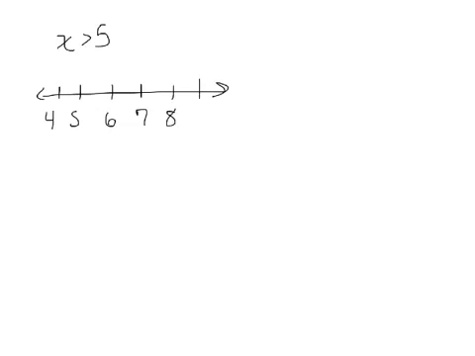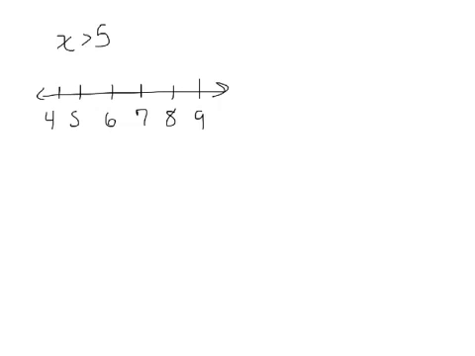If I know that x is greater than 5, I'm going to draw the number line. I could have 4, 5, 6, 7, 8, 9. The first thing I need to think about is, well, what numbers are greater than 5? If x is greater than 5, what numbers can I plug in to take the place of x?